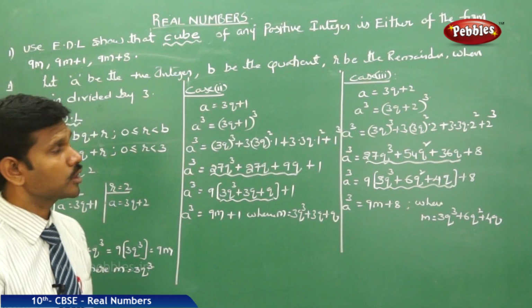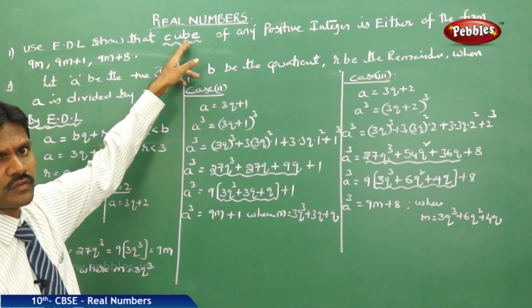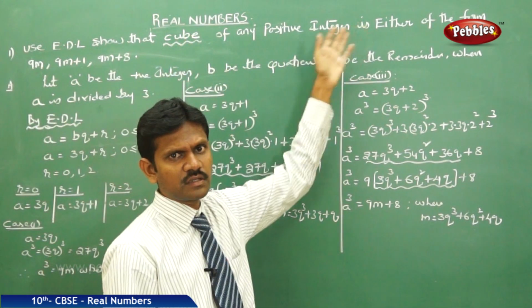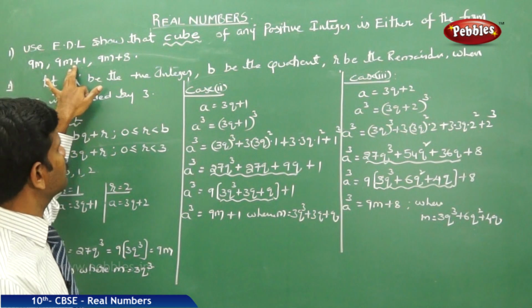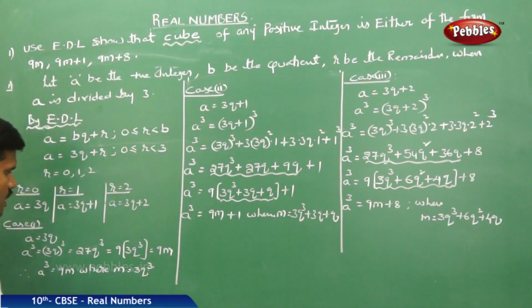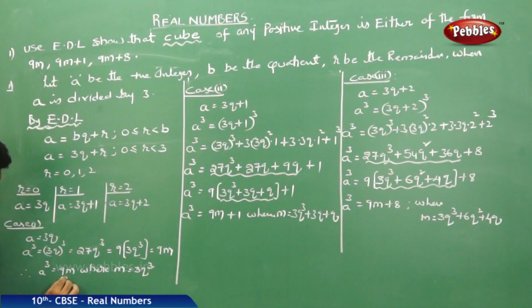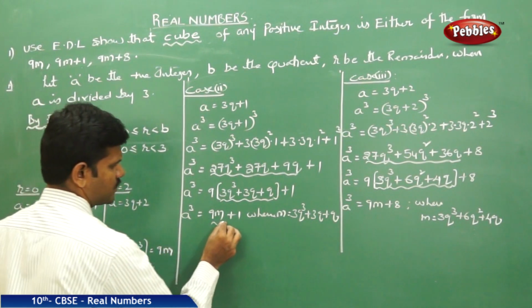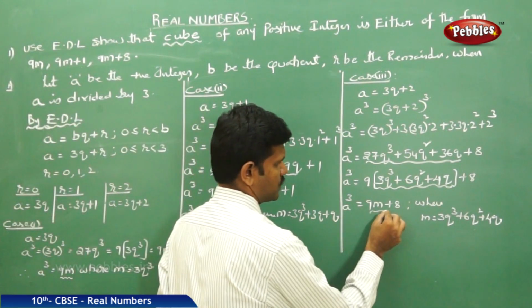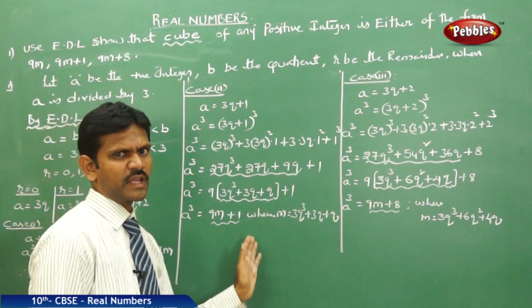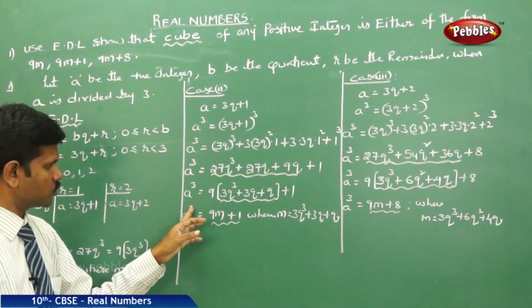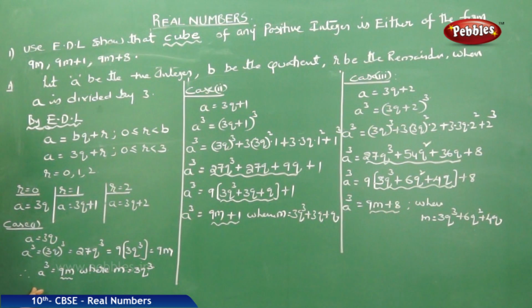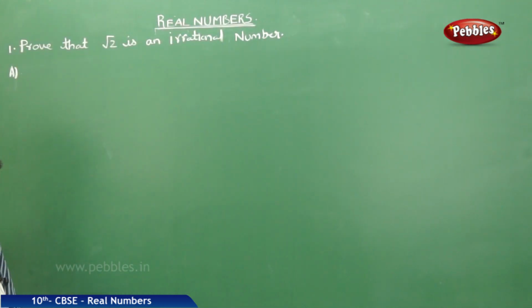Therefore I conclude that cube of any positive integer is of the form 9m, 9m plus 1 or 9m plus 8. Observe your LHS parts, cube of the integer. See your next problem.